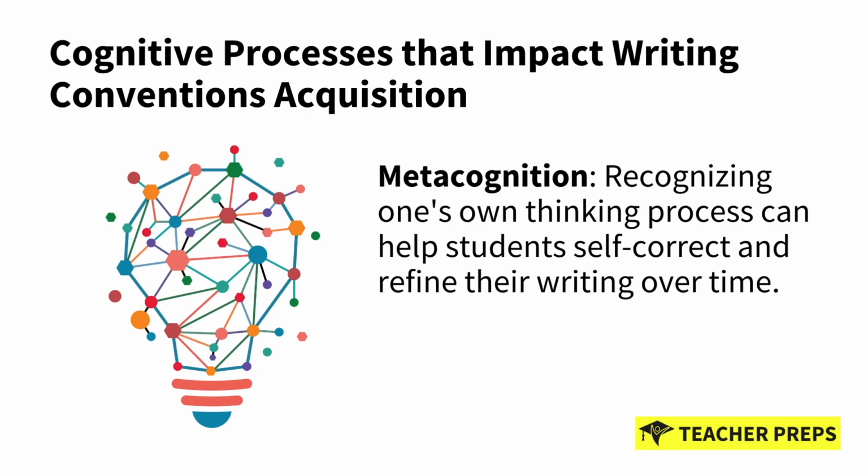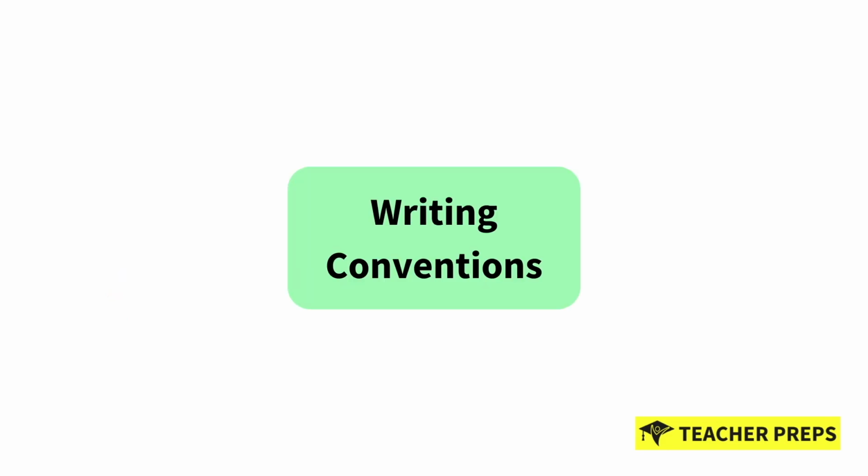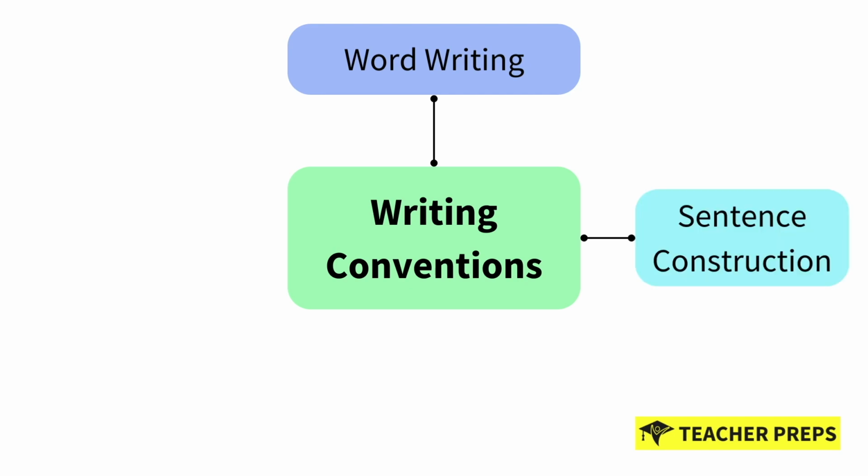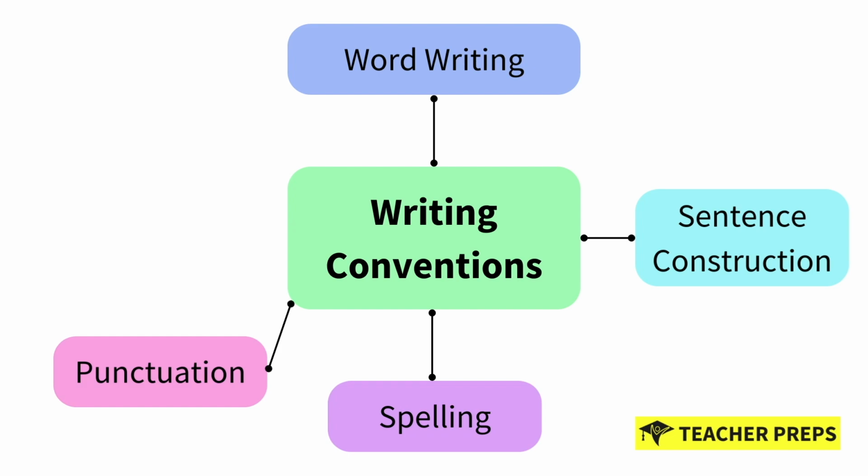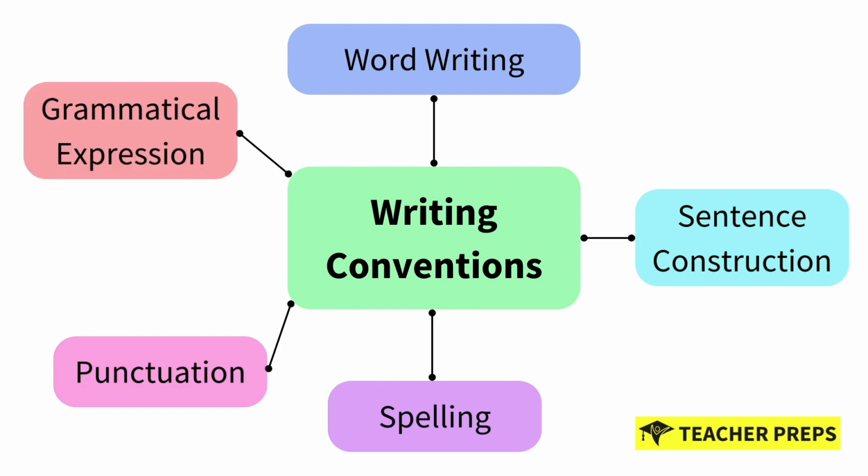Now that we have a firm background knowledge about the stages and processes that students go through to learning writing, let's move to the heart of this lesson, which is writing conventions. Writing conventions serve as the guidelines that make writing standardized and comprehensible for everyone. Key aspects that you'll want to know include word writing, sentence construction, spelling, pronunciation, grammatical expression.